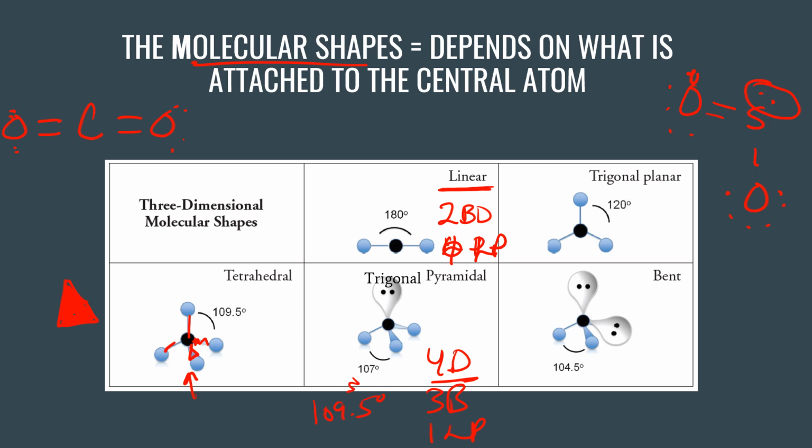Either one is okay. This is bent. This molecule has two bonding domains and two lone pairs, but still a total of four domains. The bond angle is 104.5 degrees or 109.5.